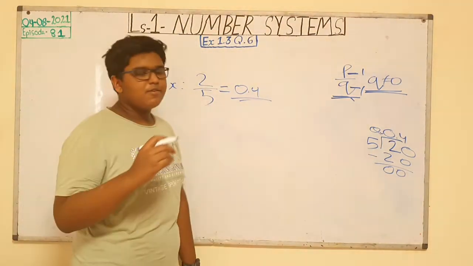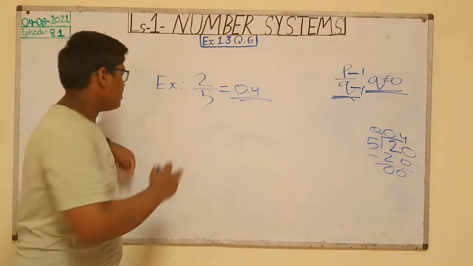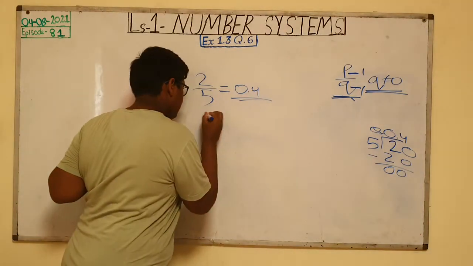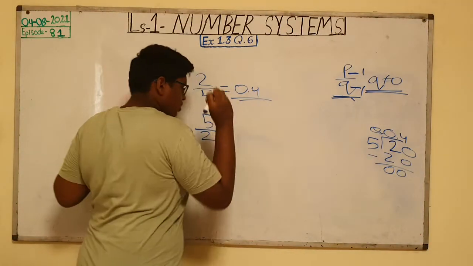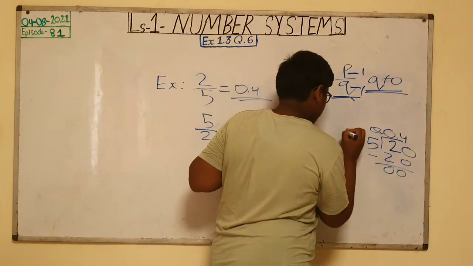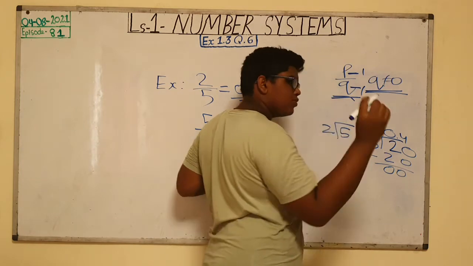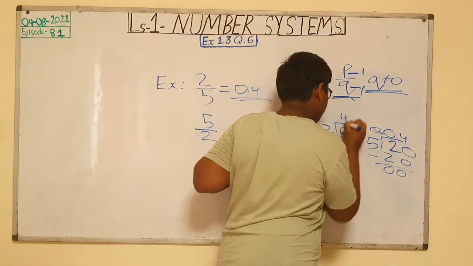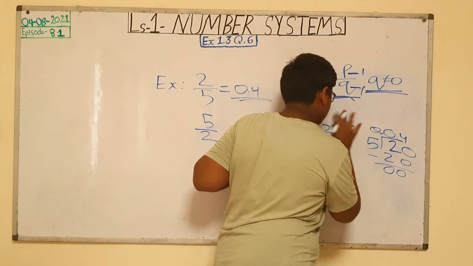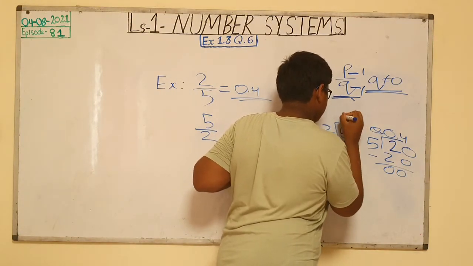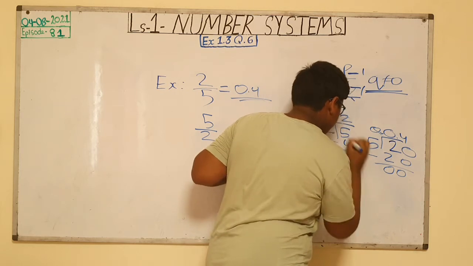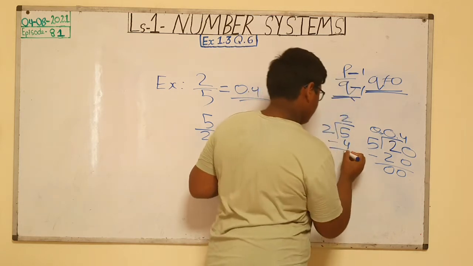Now can we take 5 by 2, the reciprocal? Yes, let's try 5 by 2. Let's divide it. 5 divided by 2. Now 2 2s are 4, so we can take 4 here. Now subtract this, we get 1.